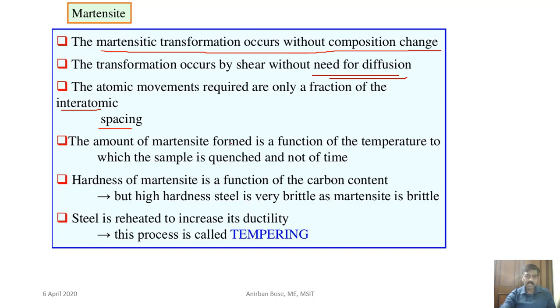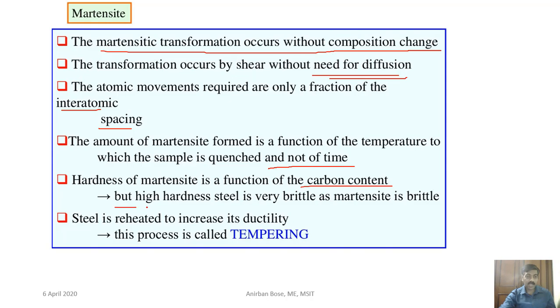The amount of martensite formed is a function of the temperature to which the sample is quenched, and not of time. Okay, so it's a very fast cooling process, and because of which the martensite forms. Hardness of martensite is a function of carbon content. Remember that if the carbon content is more, then that martensite will be harder.